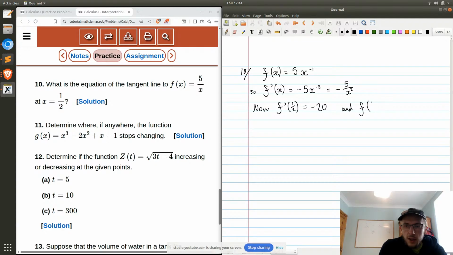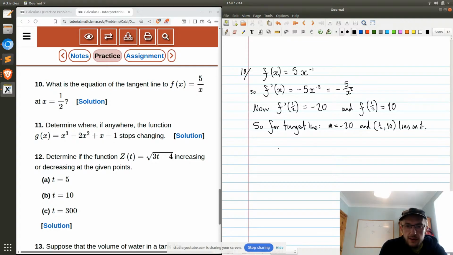And as for f of a half, to obtain the y coordinate, that would be 5 over a half, which is 10. So for the tangent line, we know that m is negative 20 and a half comma 10 lies on it.